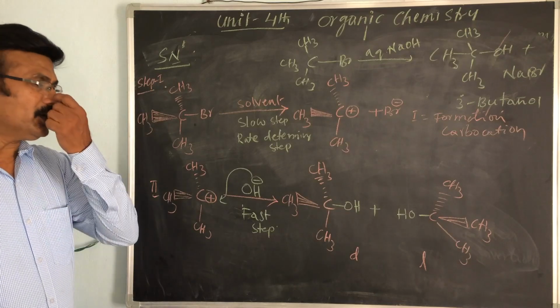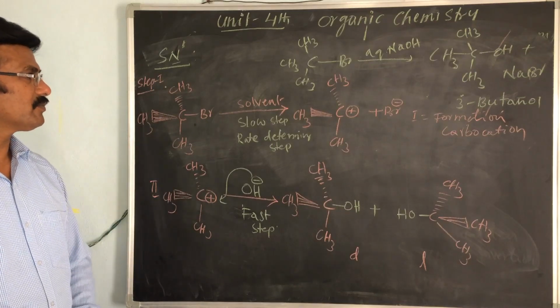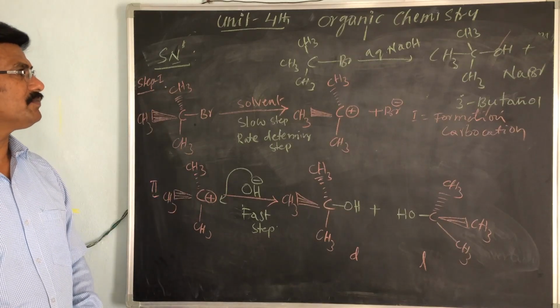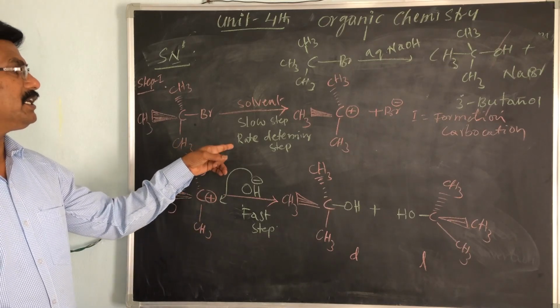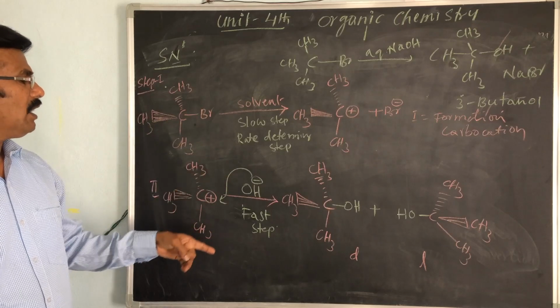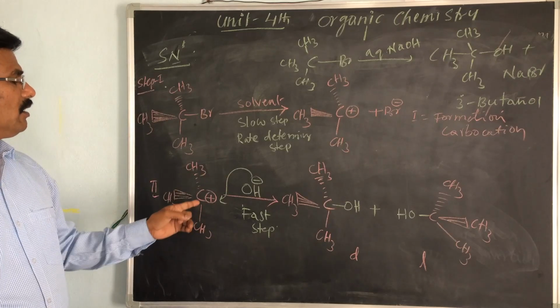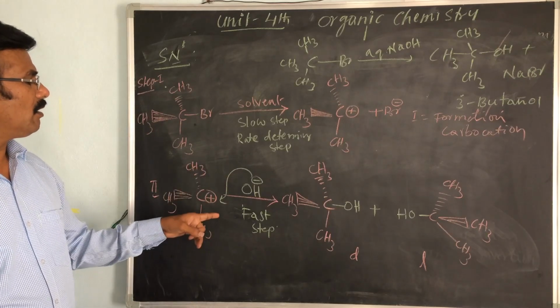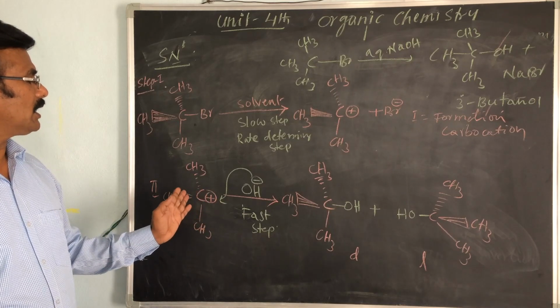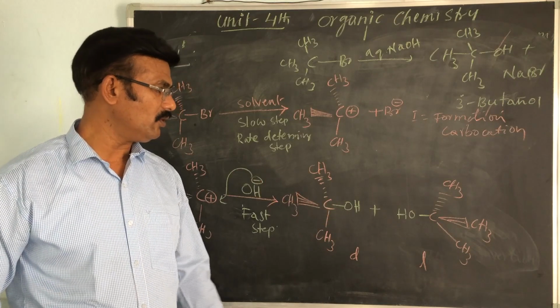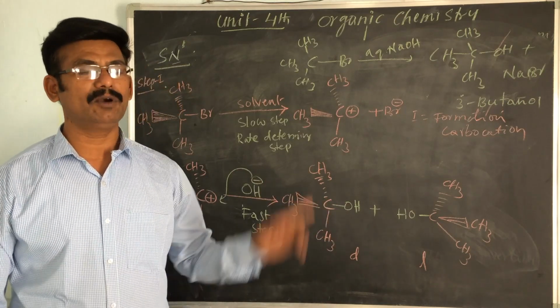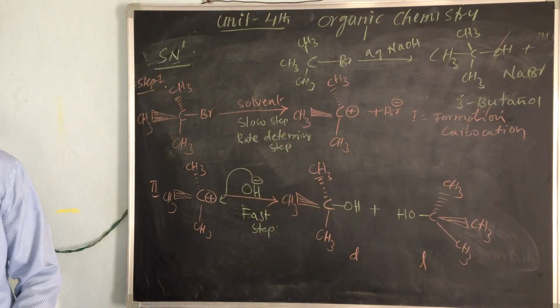According to stereochemistry, first of all note down this mechanism. Two steps are involved. The first step is a rate determining or slow step, and the second is the fast step, in which the nucleophile attacks the cation to form the D and L compound. Please note down.